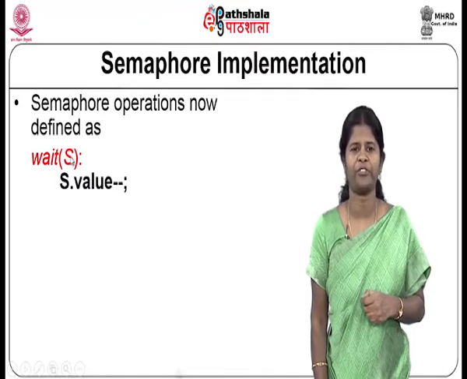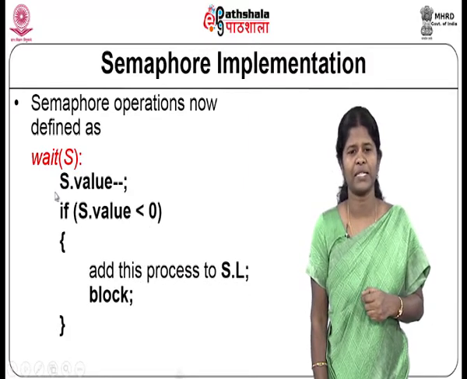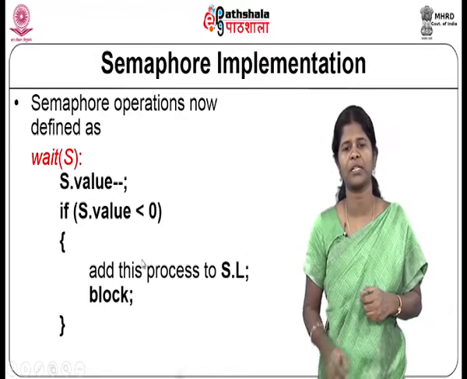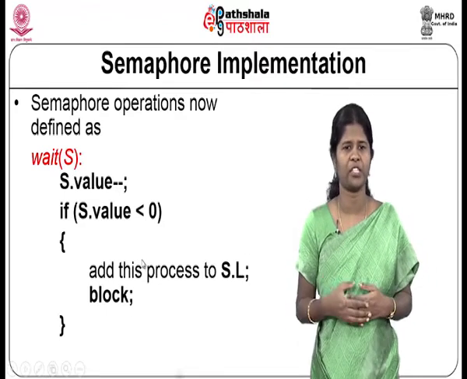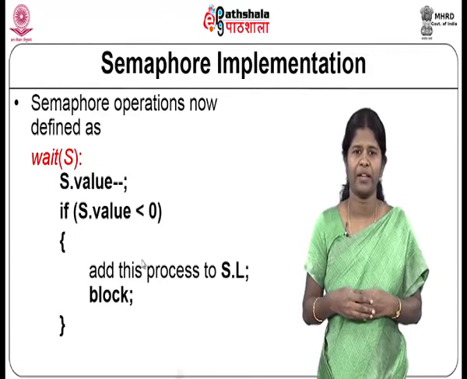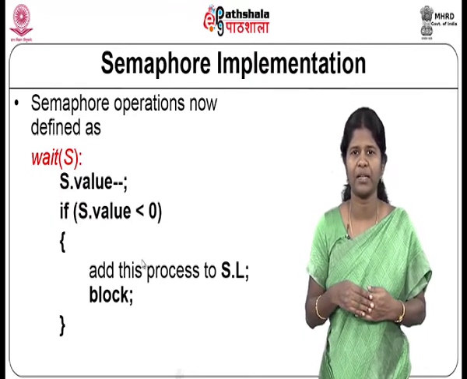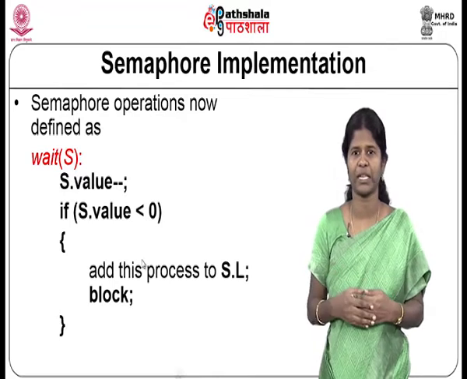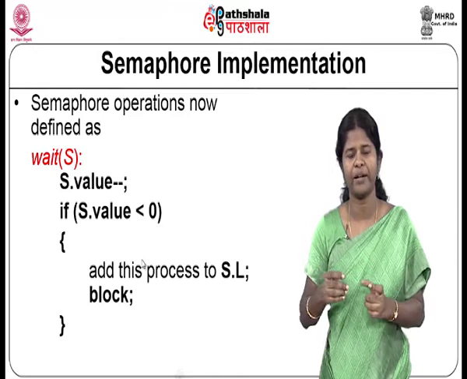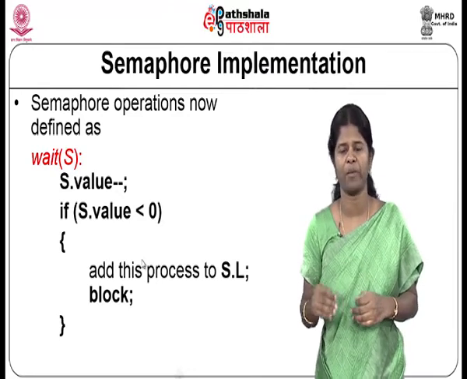You have wait of S defined in this manner. S is a semaphore which is a structure that has a value and a list associated with it. First, during the wait operation, the value of the semaphore is decremented, and if the value of the semaphore goes less than 0, then it means that the process should not be allowed to access the critical section. So, what is done? This process is added to S.L, that is the list associated with the semaphore.